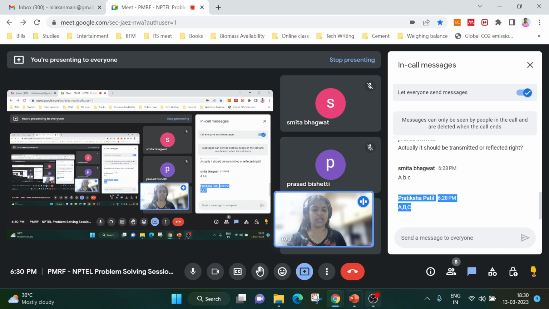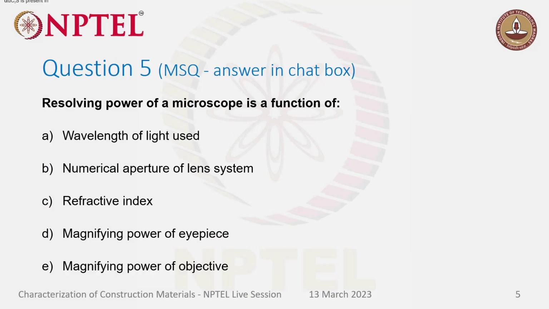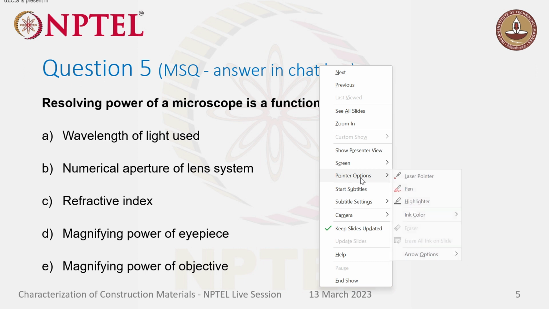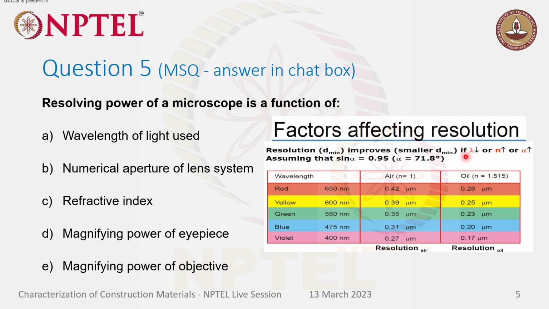Okay, let's see what is the right answer. So here are the factors affecting the resolution. Resolution improves with smaller wavelength and higher numerical aperture of the lens system.